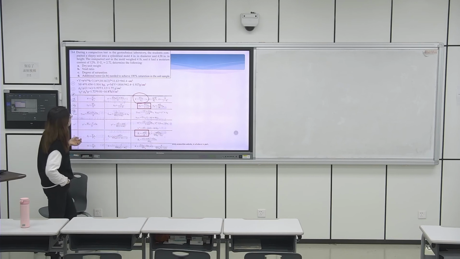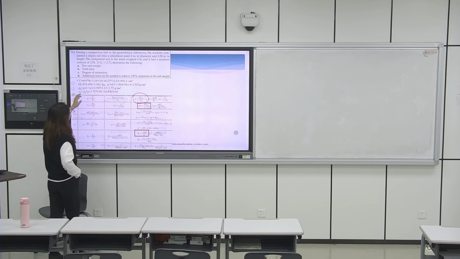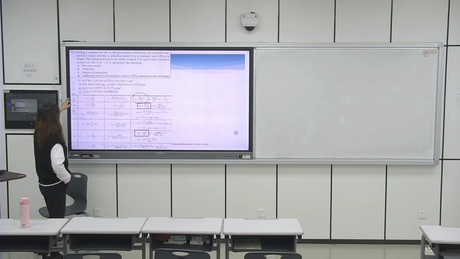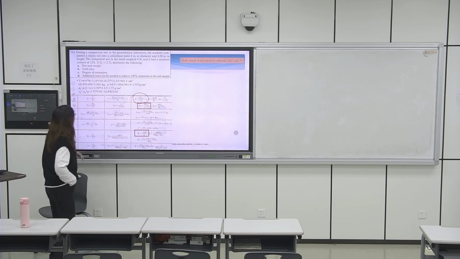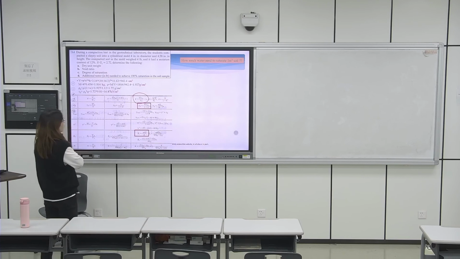Additional water needed to achieve 100% saturation in the soil sample. How much water is needed to saturate it?